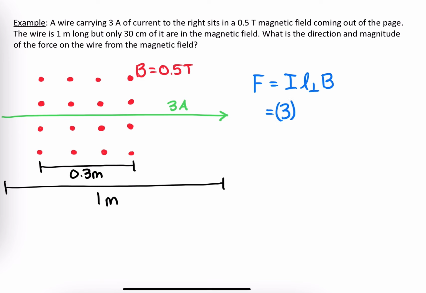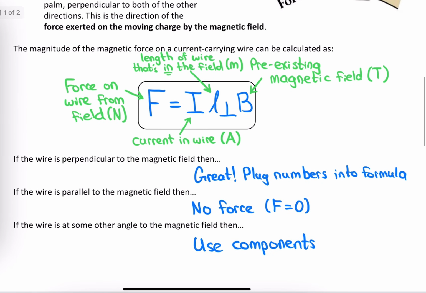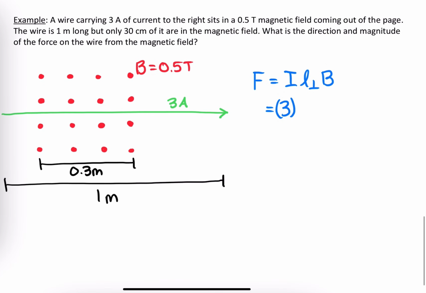It depends on the length of the wire. Now, L, remember, is the length of the wire that's in the magnetic field. So parts of the wire that are not in the magnetic field don't count. It's just the parts of the wire that are actually in the magnetic field that will feel a force. That kind of makes sense. A magnetic field can't exert a force on you if you're not in that magnetic field. So for L here, we're just going to use the length of the wire that's in the magnetic field. So this 0.3. That's important.